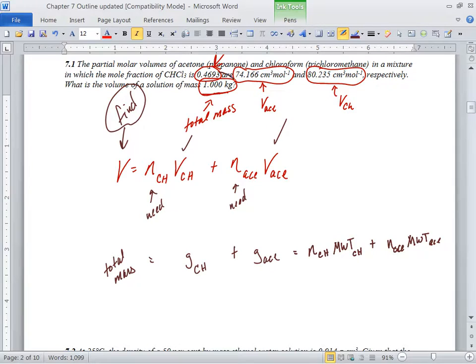This number has to be good for something. This 0.4693, that's the mole fraction of this chloroform. And that's really equal to what over what? The moles of chloroform all over moles of chloroform plus the moles of acetone. Right?